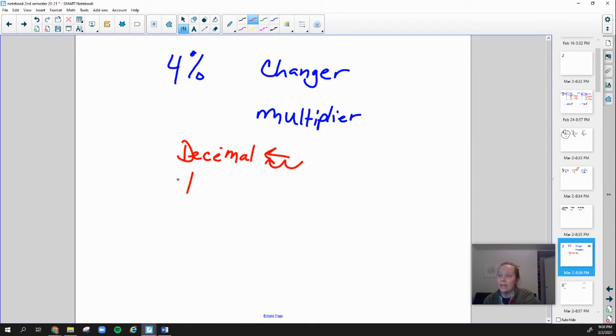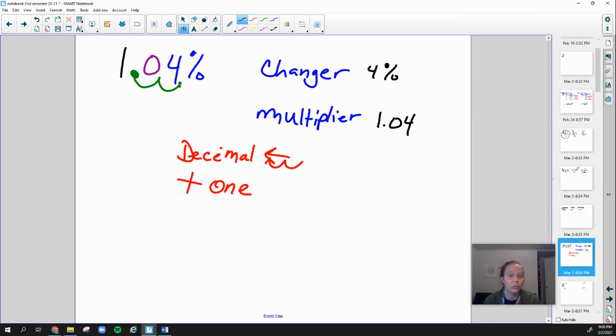And then we're going to add 1. So for 4%, notice I have a hole here, so I'm going to fill that with a 0, and then I want to add the 1. So it was a changer of 4%, but I want to multiply by 1.04 if I'm making a table or a graph.